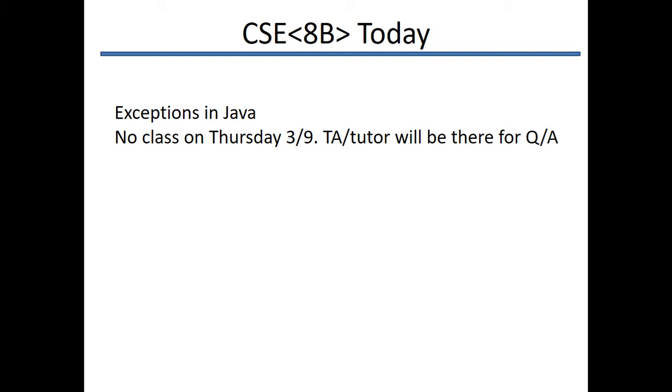Okay. So let's look at exceptions. What is an exception? Exceptions are basically runtime errors, as most of us have experienced, like a null pointer exception or array index out of bounds. Basically, those are errors you experience when your code begins to run.